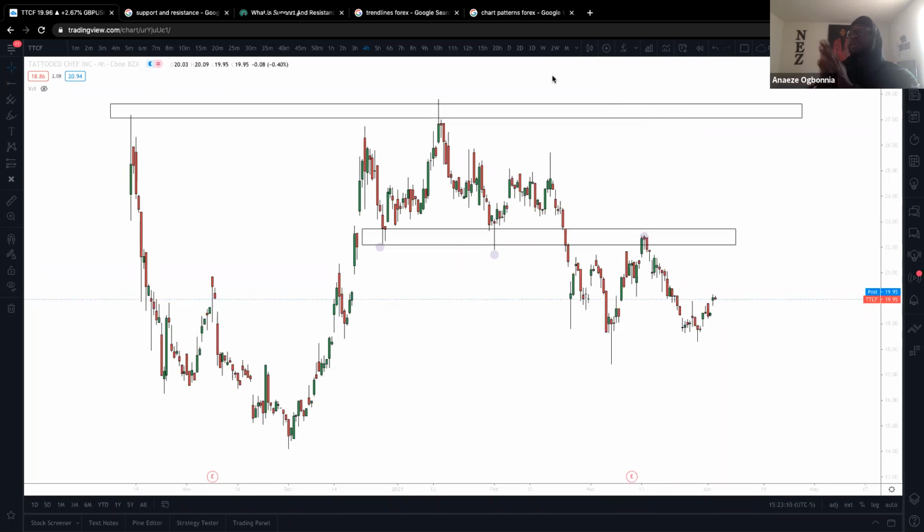So that's what I mean by they are technically the same thing. It just depends on where price is at that current moment. So on December 29th, we saw that price rejected, went up, came back down, rejected again, went up, and broke through that support finally. And then on March 15th, it retested as a resistance.